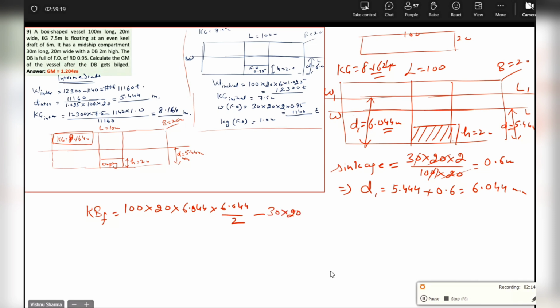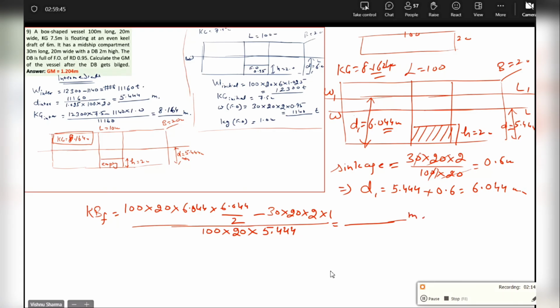30 into 20 into 2 is the volume. Its lever will be 1, divided by the volume of displacement, 100 into 20 into draft. Be careful. The draft of the intermediate condition before bilging was 5.444. This will be the KB of the vessel after bilging.